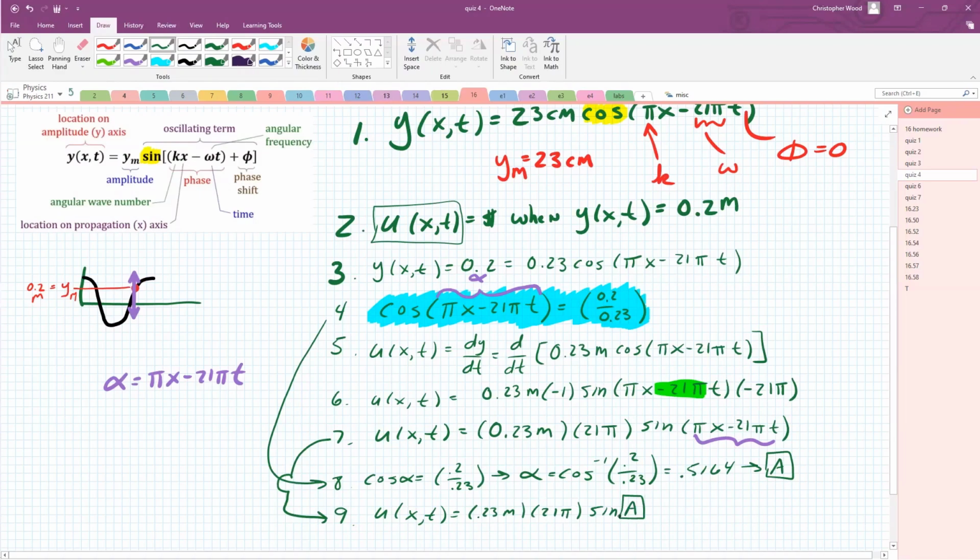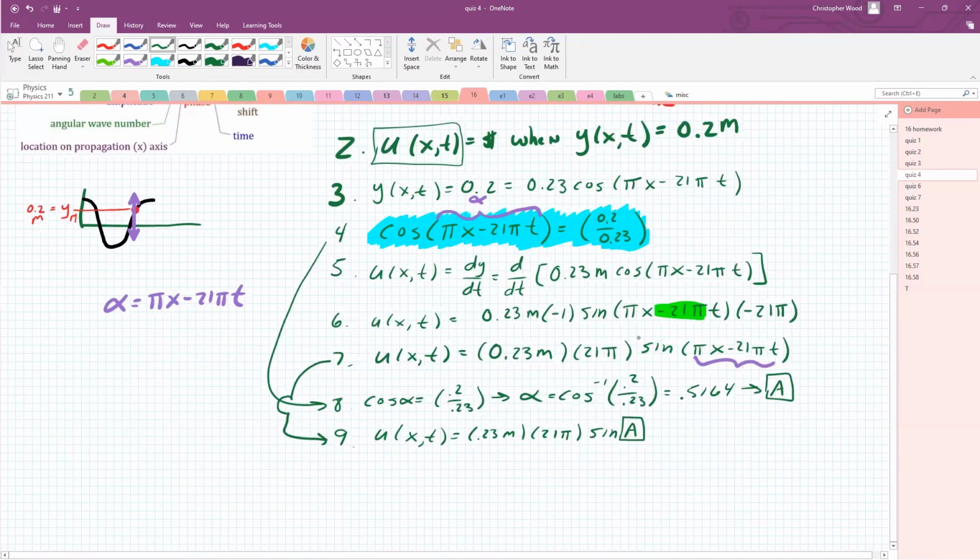Let's take the sine of alpha A times 0.23 times 21 pi, 7.49 and some change meters per second. Okay. That's finding the transverse wave velocity using some creative tactics. 7.493 meters per second. Okay.